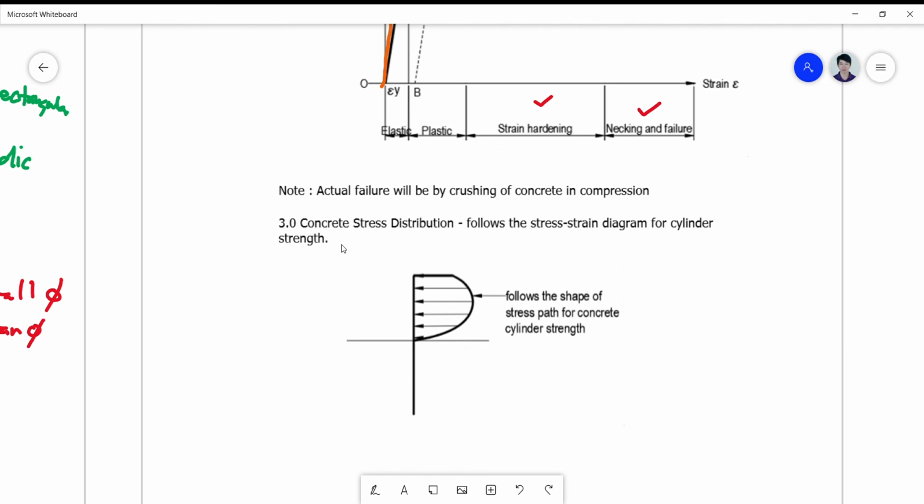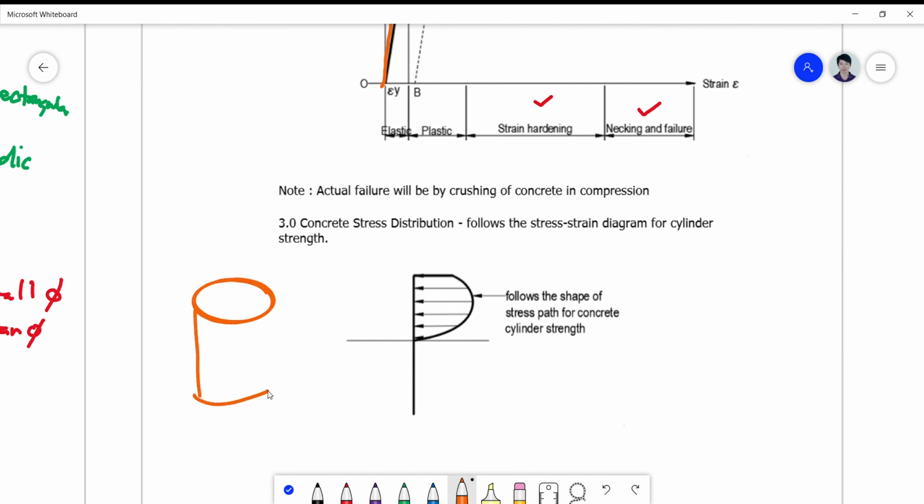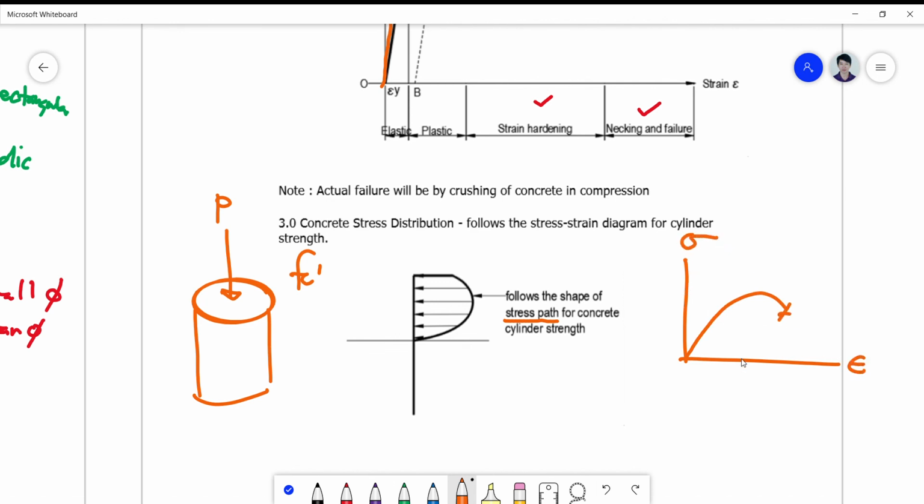Okay, so when you come up with a cylindrical specimen and test it in the lab, you get your fc prime, you have this stress path. Okay, what's a stress path? The stress path is simply this one. Stress, strain. So this is a lab test. So whatever is the shape of this will follow the shape of this.